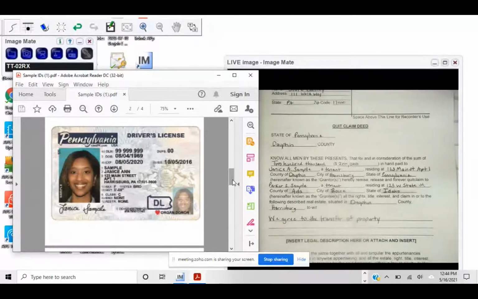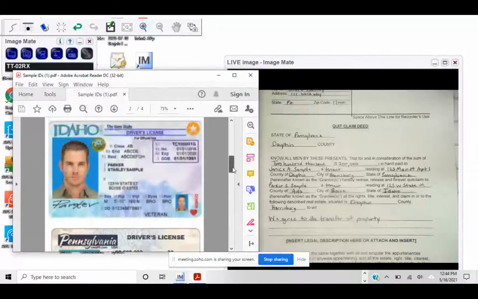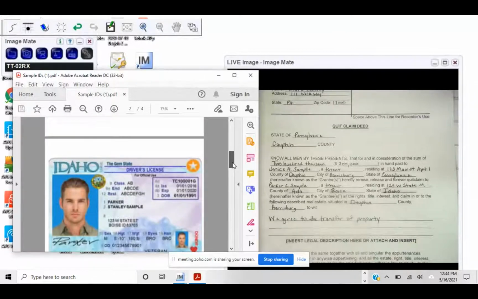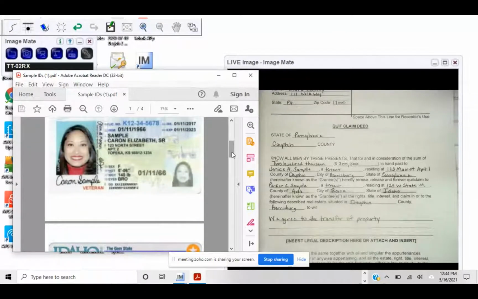So it cannot be Janice, and it cannot be Parker. Some states are different. For my state, it has to be two credible witnesses. In some other states, it may have to only be one. I don't know the rules of your state if you're not in Florida, but if you're in Florida, we need two credible witnesses, okay?